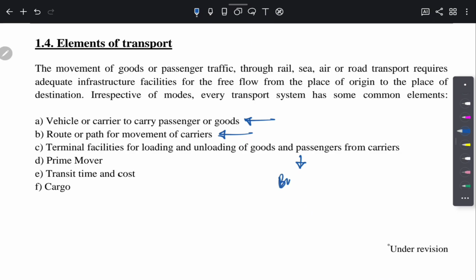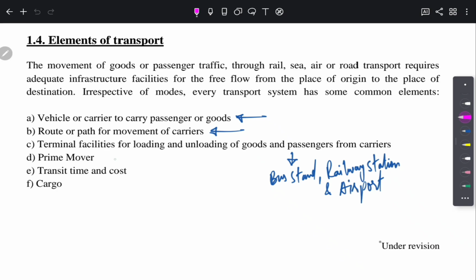Terminal facilities such as bus stands, railway stations and airports are essential. They are also useful for loading and unloading of goods and passengers. All the three systems require energy, which is called the prime mover, like petrol, diesel, electricity or any kind of fuel.